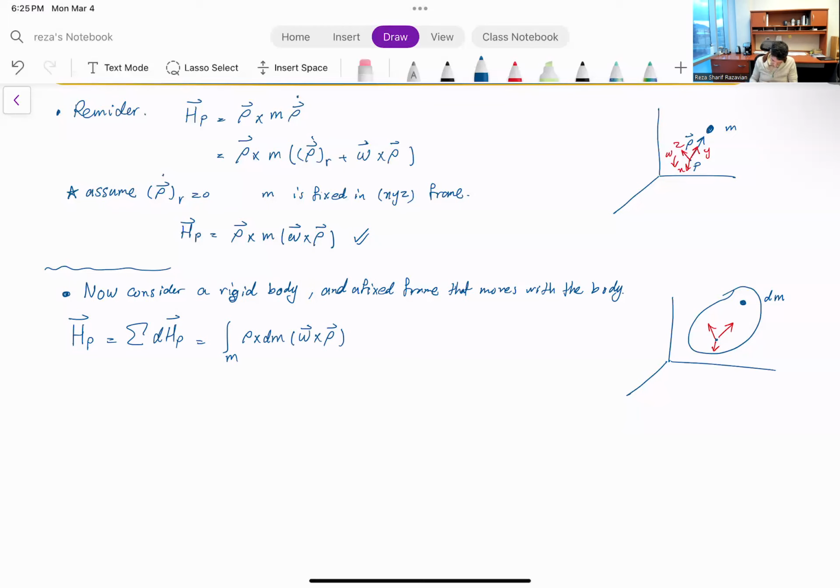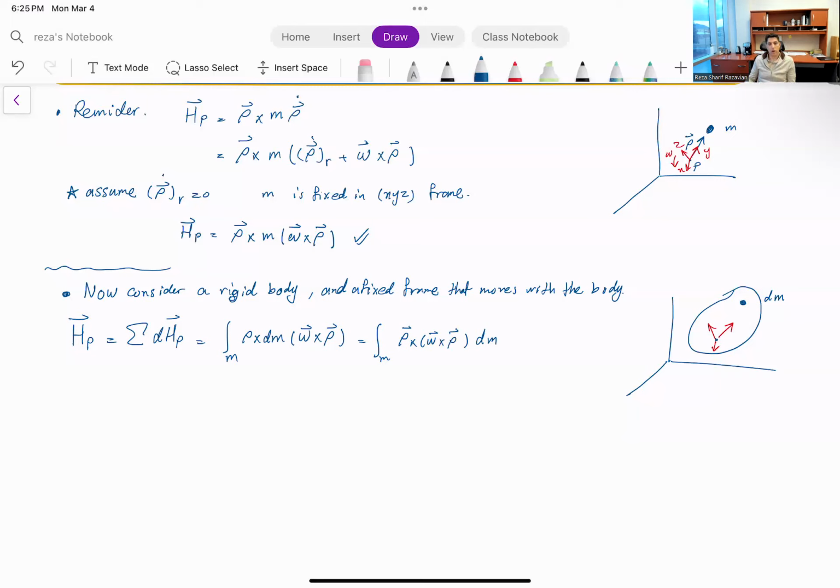Let me rearrange it so it looks a little nicer: the integral over m of rho cross omega cross rho dm.